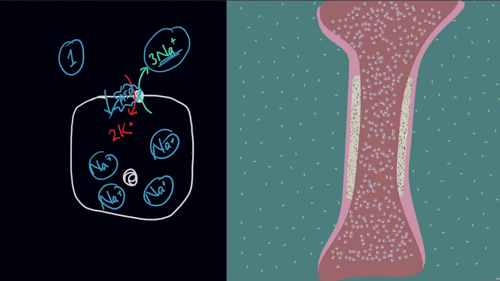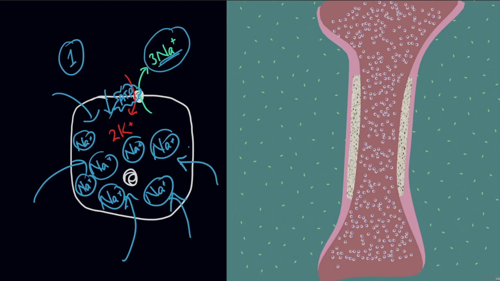As these ions accumulate in the cell, they will pull water with them. And as they pull water with them, the cells will swell up, they will hypertrophy, they will increase in size.